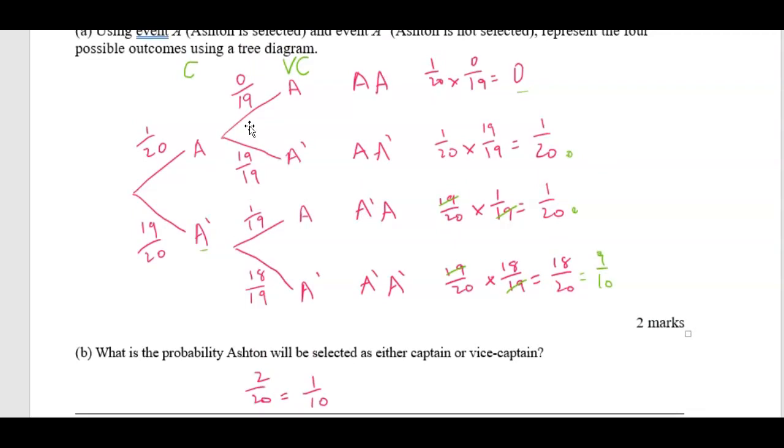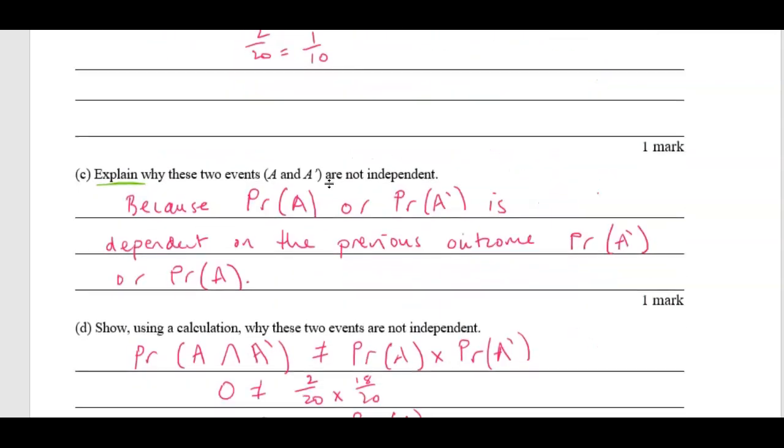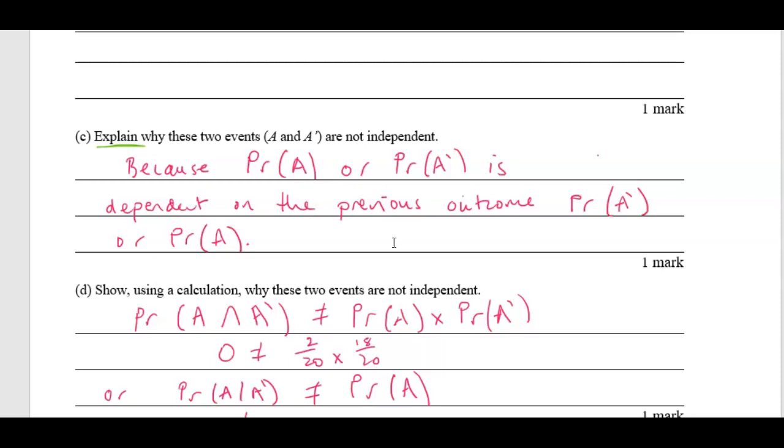It's not like replacing a marble in a bag, but the probability of the first event changes the probability of the second event. Once the captain is chosen, that person isn't put back in. So if you put without replacement somewhere, or you said that the probability is dependent on the previous outcome, that works.